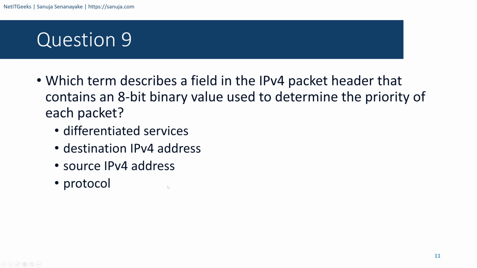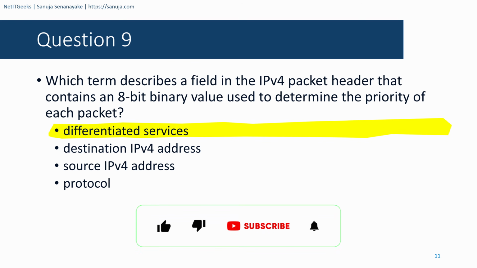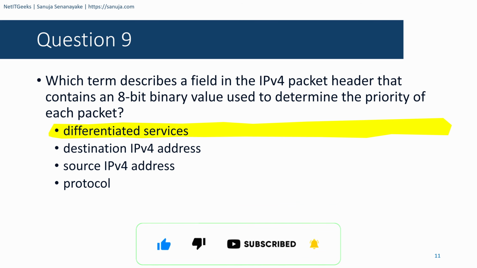So we can already eliminate the destination IPv4 and source IPv4 address. So it has to be differentiated services or protocol. And the answer to this question is differentiated services. The reason for that is originally in IPv4, only the first 3 bits were used for QoS values called IP precedence. Remember, for quality of service, we used 3 bits originally on IPv4 called the IP precedence.